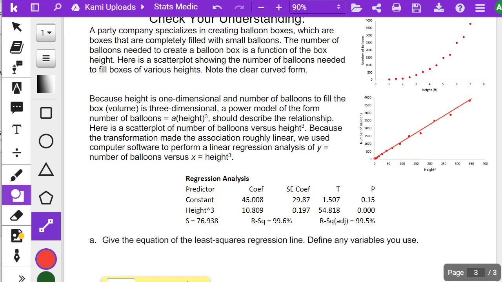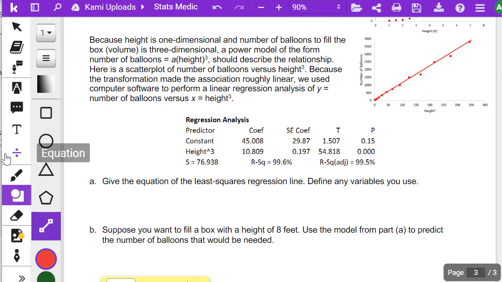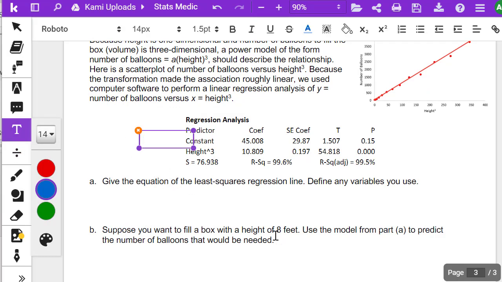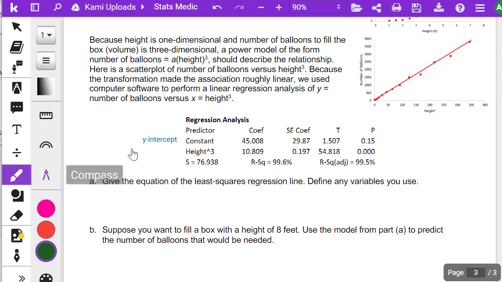All right. So, give the equation of the least squares regression line. Always remember that your intercept is the first one, right? The constant. So that means you're going to take 45.008, multiplied by a constant, basically 1. And then the height cubed, that's your x.